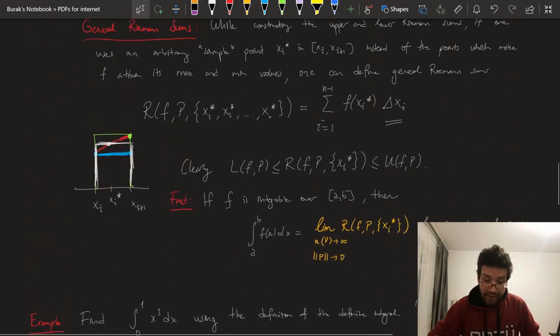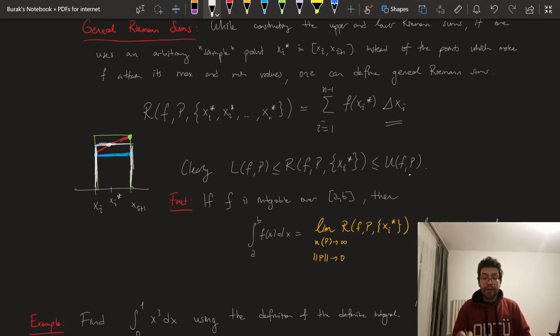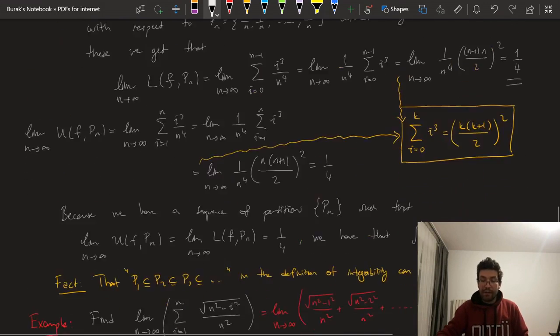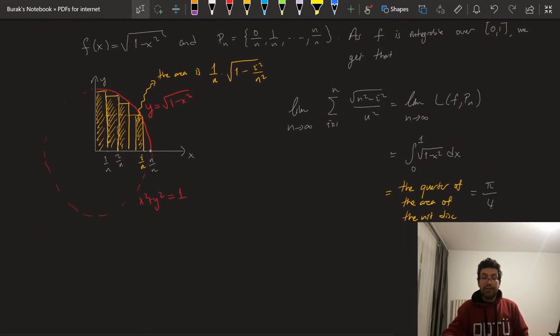By this fact, if I compute a limit of general Riemann sums where the number of points goes to infinity and the maximum width goes to 0, that limit has to be the integral of the function, provided that my function is integrable. But this function is integrable, and this is such a sequence of partitions.